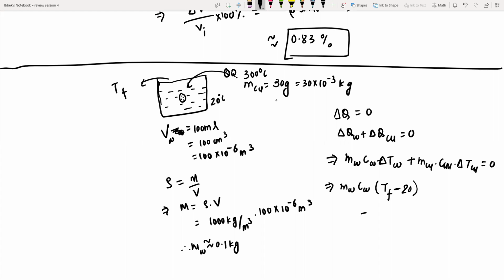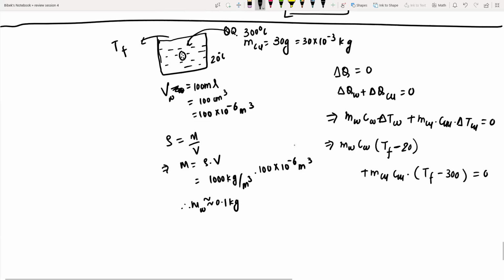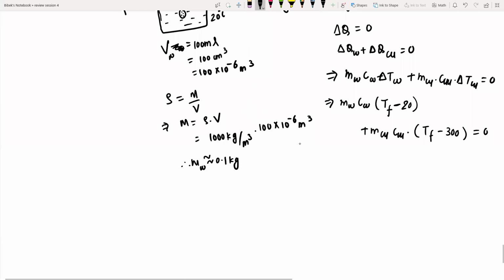And for m Cu, c Cu, for delta T of copper, that is your final temperature T final minus 300. We are solving for T final.